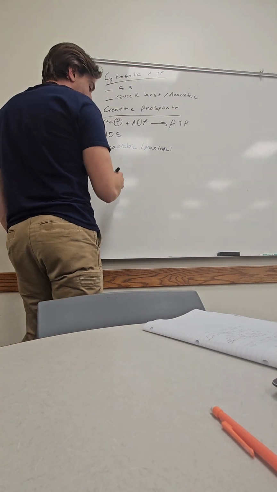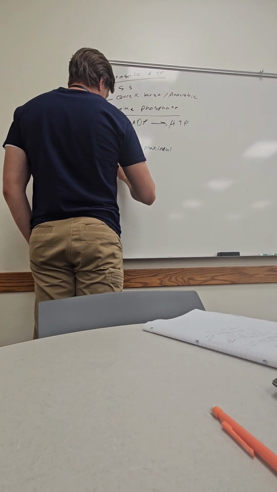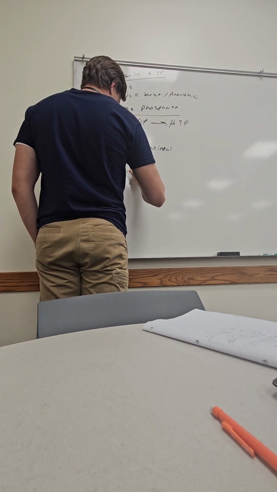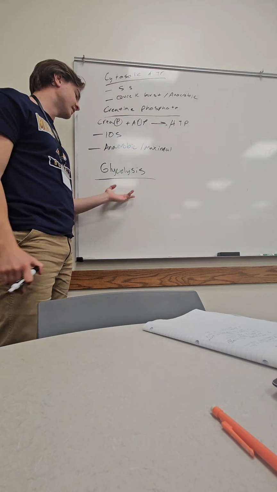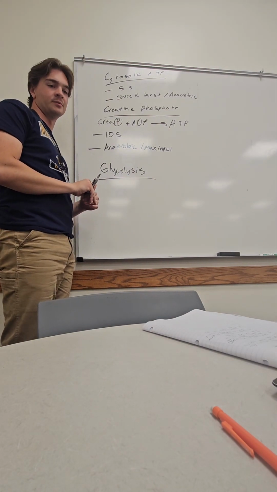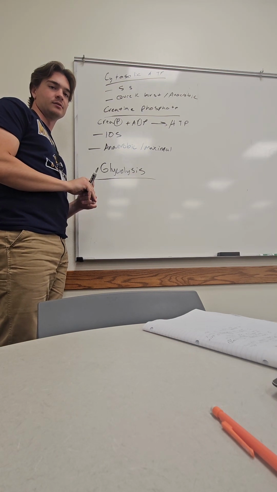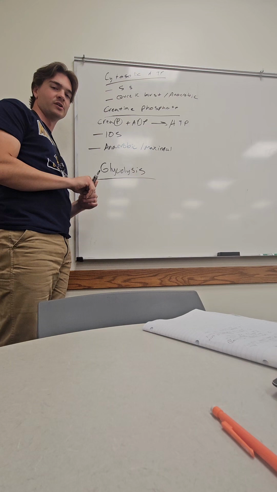Third, we're going to talk about glycolysis, and this can also happen under anaerobic conditions. This is just the breakdown of glucose, glycogen. You can store about 200 grams of glucose in your skeletal muscles, a little bit more in your liver.